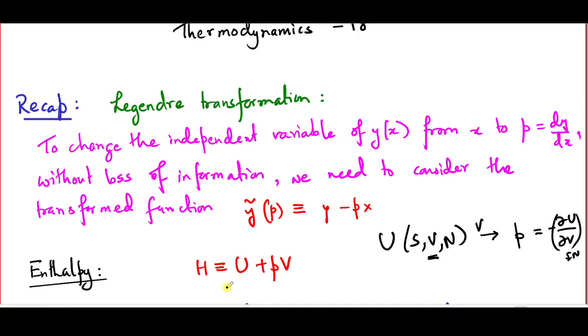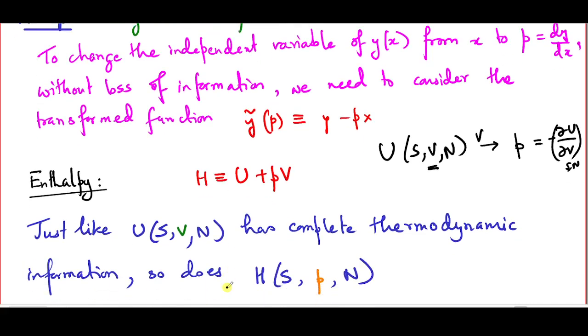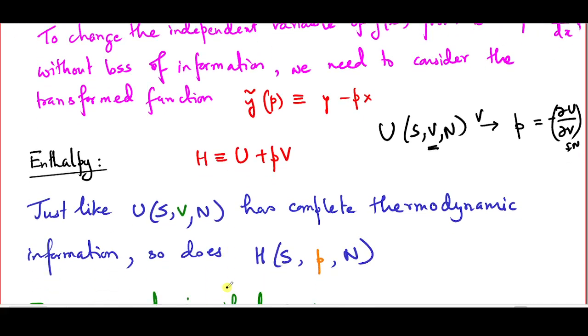In fact, U is also called a thermodynamic potential. H is a thermodynamic potential whose arguments could be any set of variables, but when you express it with arguments S, P and N, then H has exactly the same amount of information, that is complete thermodynamic information, like U expressed as a function of S, V and N.